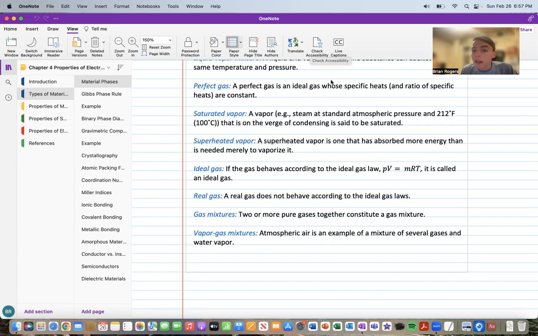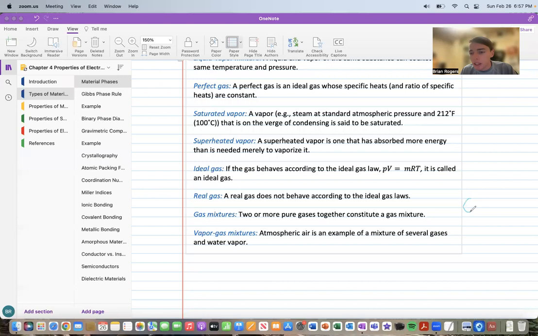If we have CO2, we have carbon and oxygen, which are two different types. If we're able to put those together, you would get CO2, carbon dioxide. That's representative of two different elements that are mixed together, so that would be a gas mixture, for example.